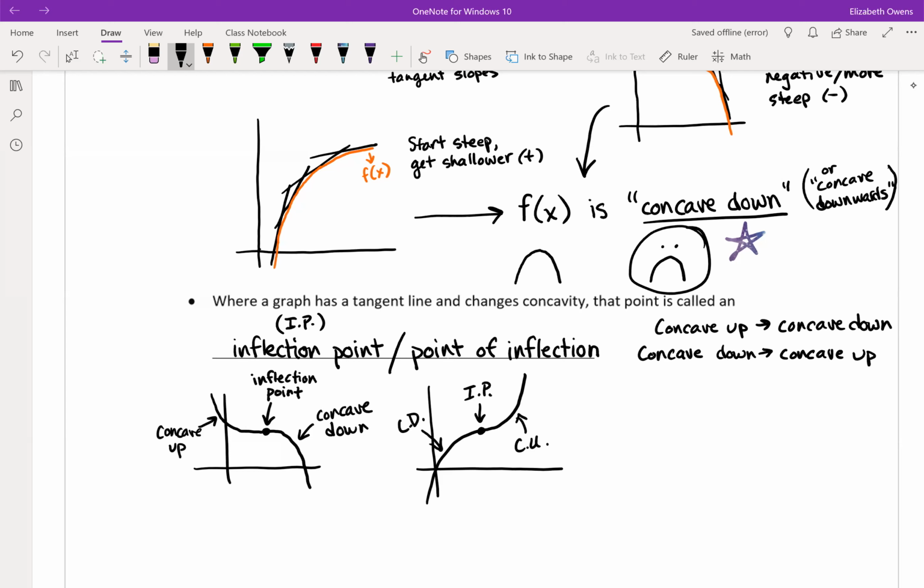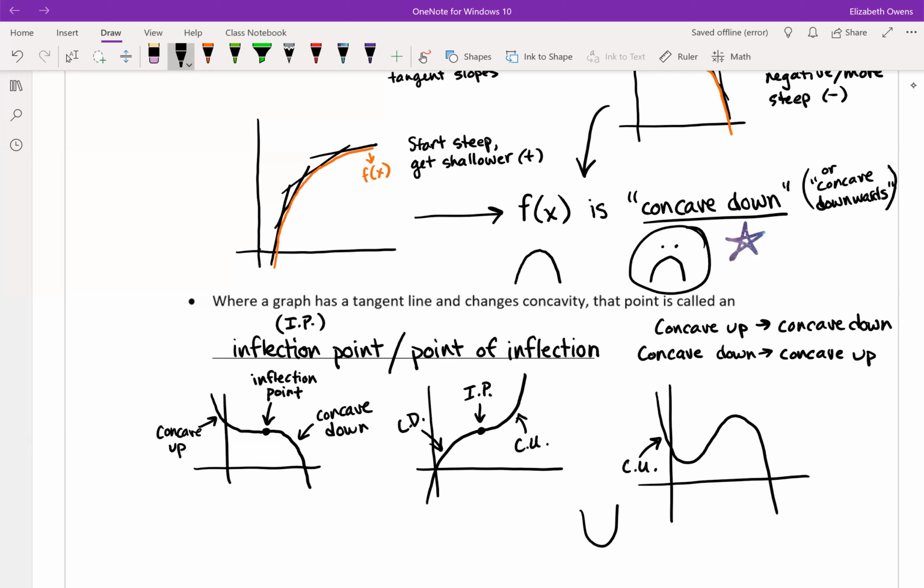And, you know, both of these pictures I've drawn kind of half of the concave up shape, half of the concave down shape. You could have more than that, like one more example here, just to give you a variety. If you had something like this type of shape, that has multiple types of concavity and an inflection point here. So this portion of the graph is concave up.